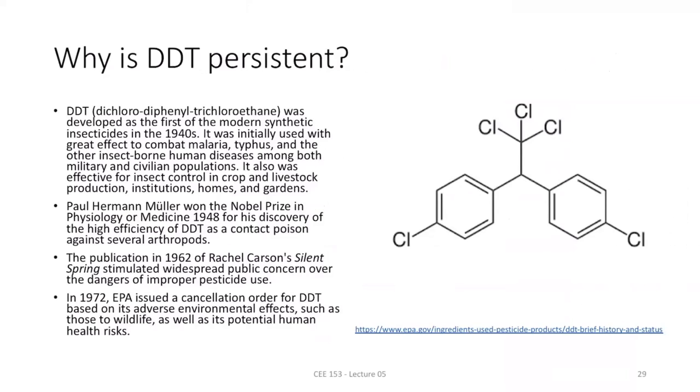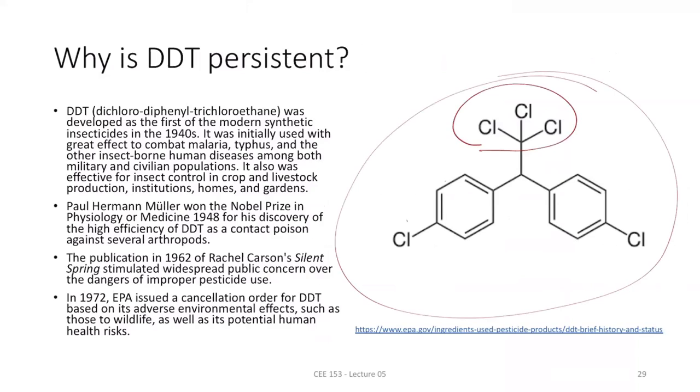If you think of this as an organic pollutant, what you see is just a carbon. This is a notation if you take organic chemistry. The thing that you take away from this class is that you have this chlorine, and that chlorine makes it very stable. As I said, very stable means persistent and very difficult to degrade. And it turned out this particular structure is very toxic to mosquitoes.